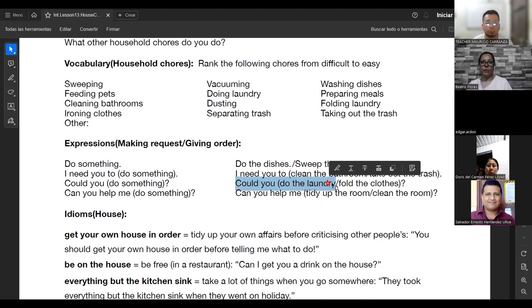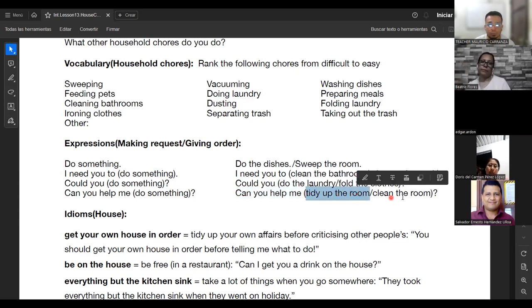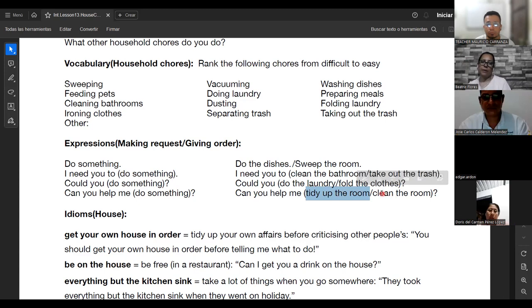Could you fold the clothes? Can you help me tidy up the room? Clean the room. A synonym of tidy up is to order. Okay, to order.